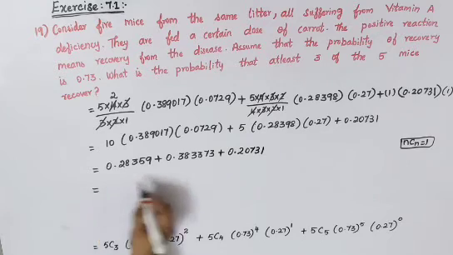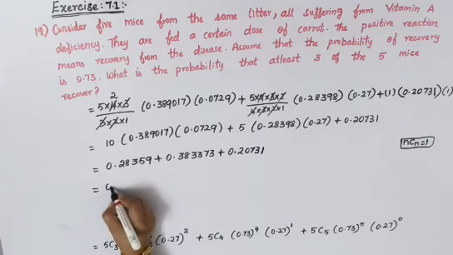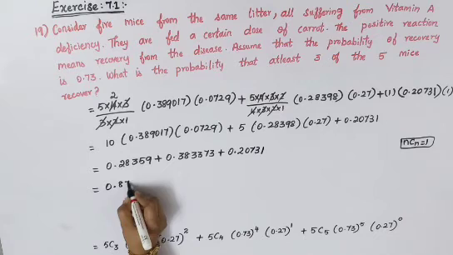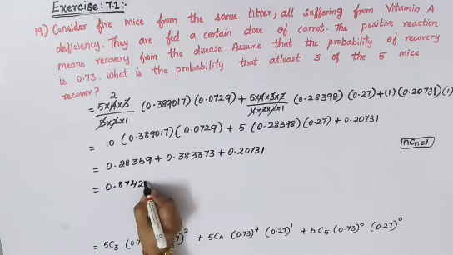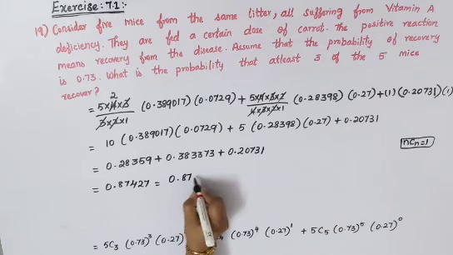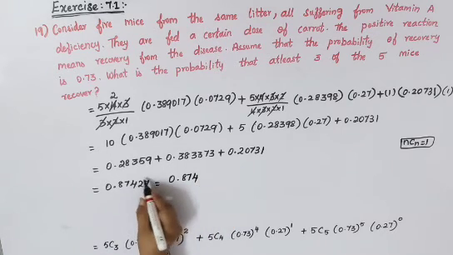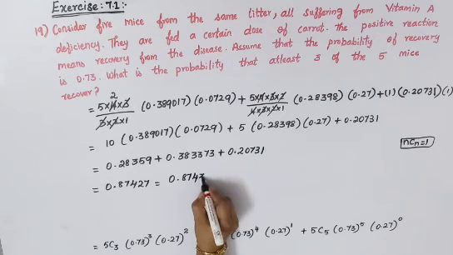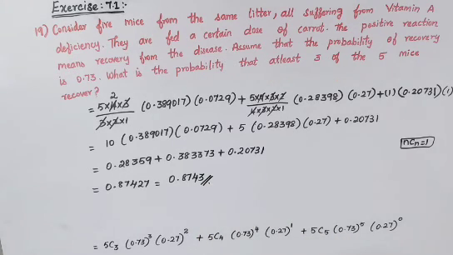Now adding all these three numbers, your last answer will be 0.87427. Otherwise you can convert like this, 0.874, this is more than 5, so you can add one number to the before one, so I'll get 3. So this is your final answer. So this is the answer for your 19th question.